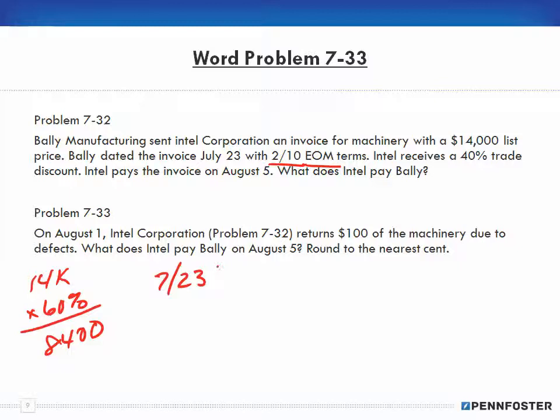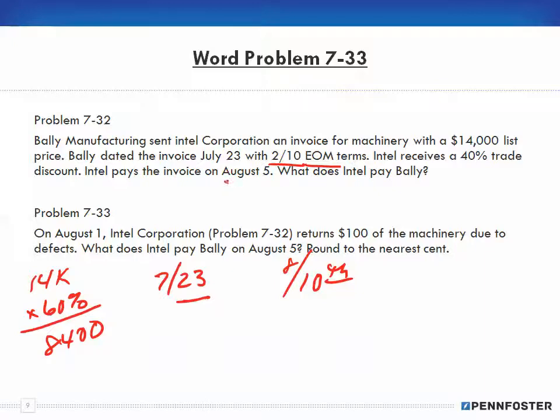If the invoice is dated the 25th or prior, which it is, the discount period extends to the 10th of the following month. So if this was July, it gets extended to August. They have until August 10th to pay the invoice and take the discount.